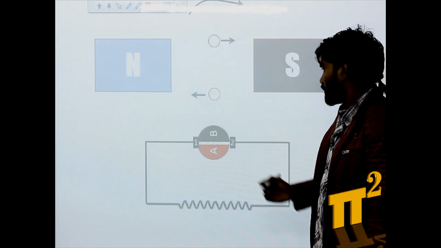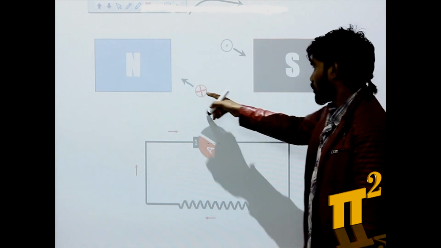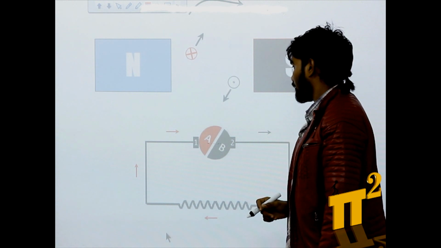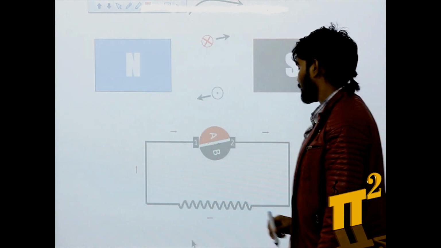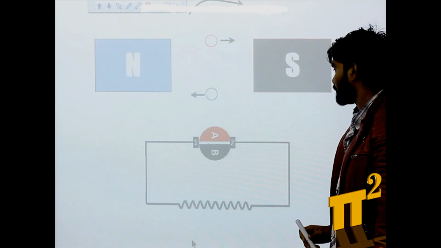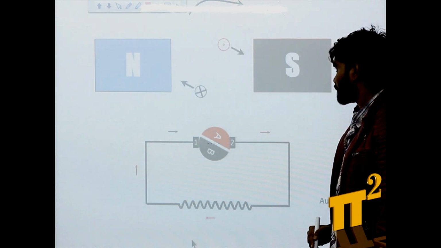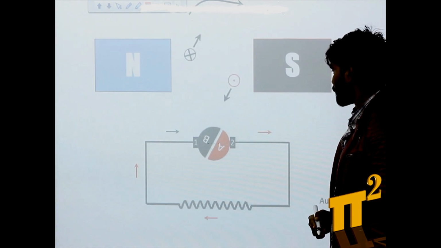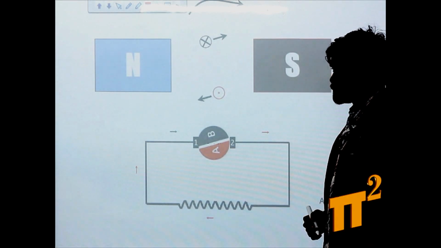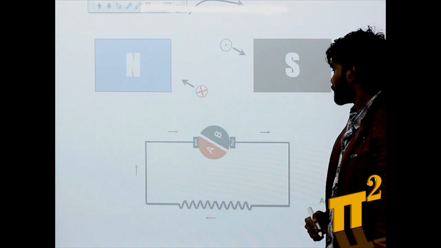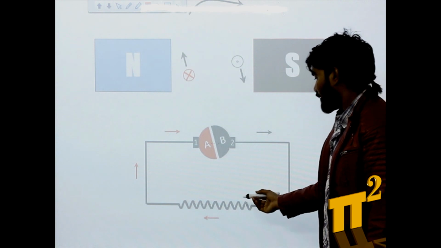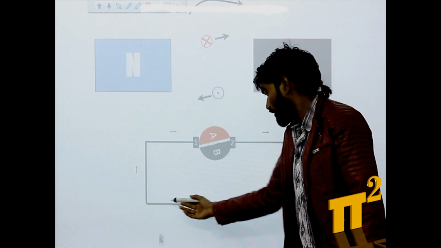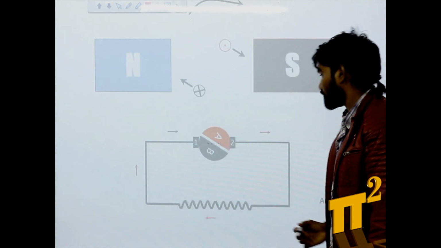Now further, cross means current is going in from here. For a full cycle, you notice current directions. Current is always from this side to this side, this way.